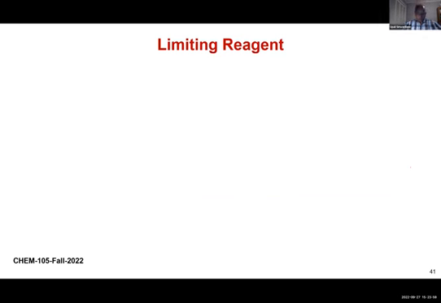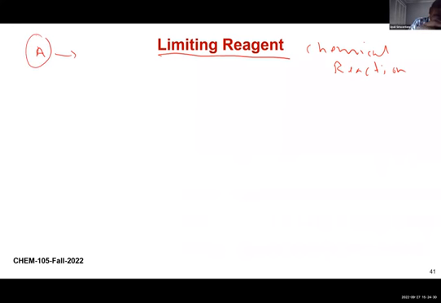Now I wanted to tell you about the limiting reactant in a chemical reaction. This is another idea. A chemical reaction has a limiting reactant. If you have only one reactant in the chemical reaction, the limiting one is A itself.